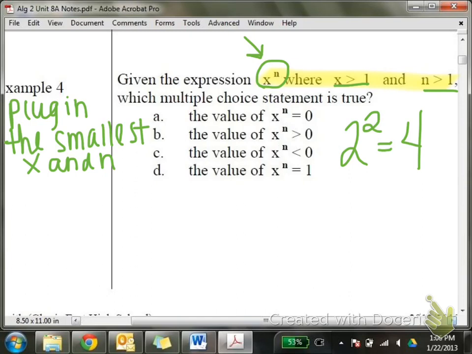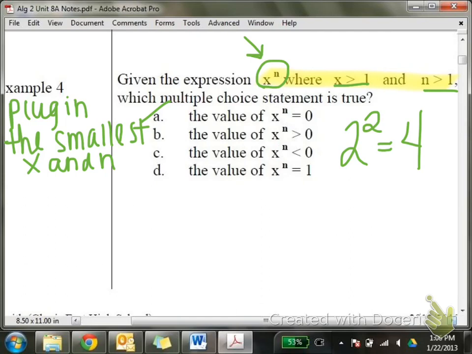Now look at your answer choices. A: x to the n is equal to 0. Is that true? No, because we plugged in the smallest possible number, so we would never be able to get it equal to 0. What about x to the n is greater than 0? Is that true? Yes, we got 4, which is bigger than 0. Let's look at the others. C, the value of x to the n is less than 0.